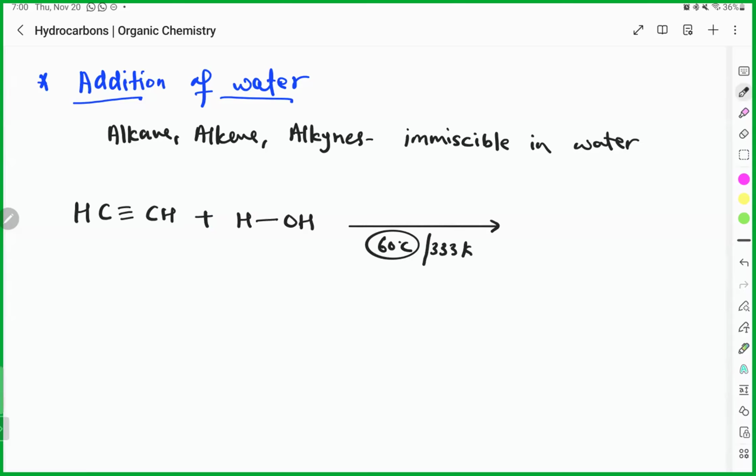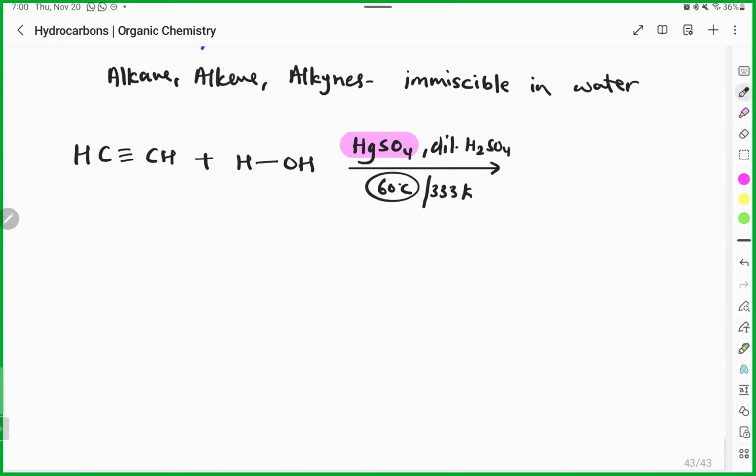In Kelvin, we don't feel it properly. Second, we take mercury sulfate. Mercury is the important compound. And also, we take a diluted form of H2SO4. Why? Because alkyne is not able to react with water. We have to heat, add mercury, and add diluted sulfuric acid to make it react.